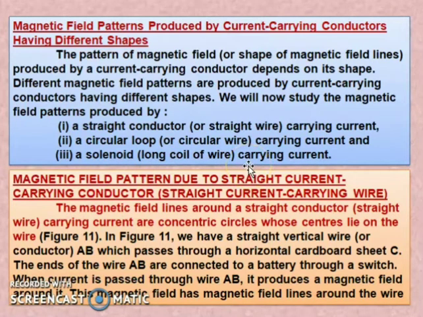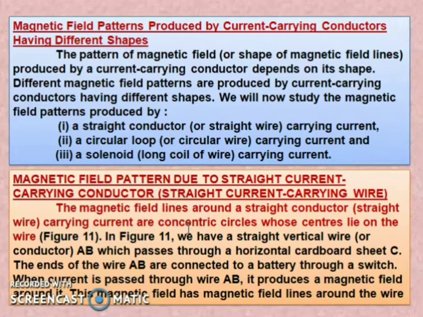Now we are going to see the magnetic field patterns due to a straight current carrying conductor, that is a straight current carrying wire. First, the magnetic field lines around a straight conductor carrying current are concentric circles whose center lies in the wire.